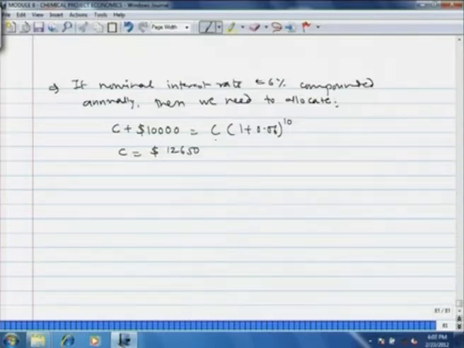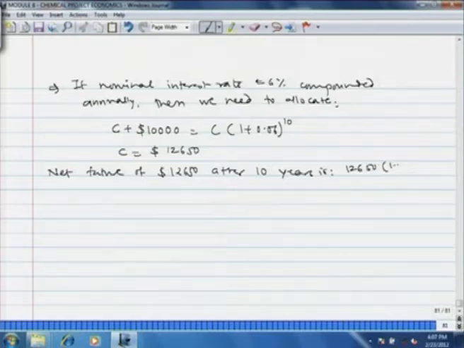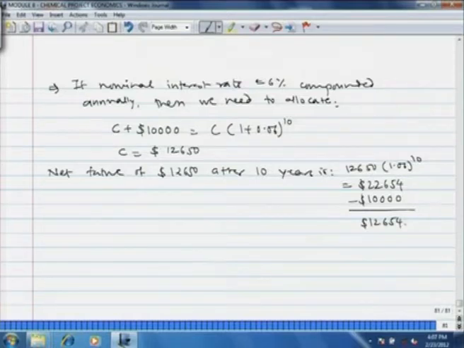So the net future value of the funds that we allocate, $12,650 after 10 years is 12650 into 1.06 raised to 10, that is $22,654, out of which we deduct $10,000 for replacement of the reactor and we get back the principal with, let us say, $4 more, and this becomes the fund for second replacement.